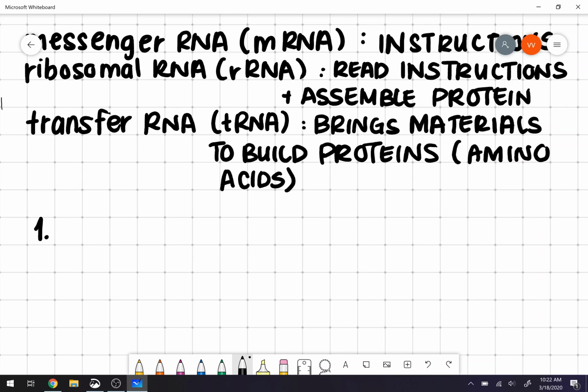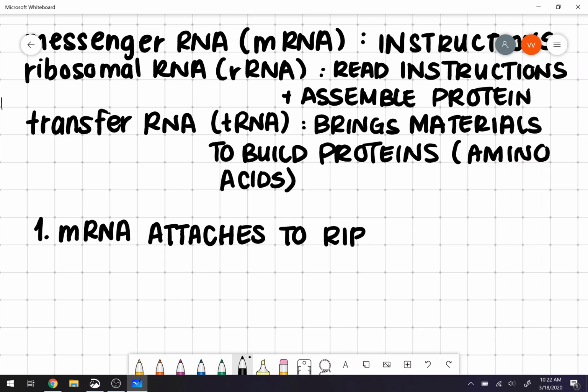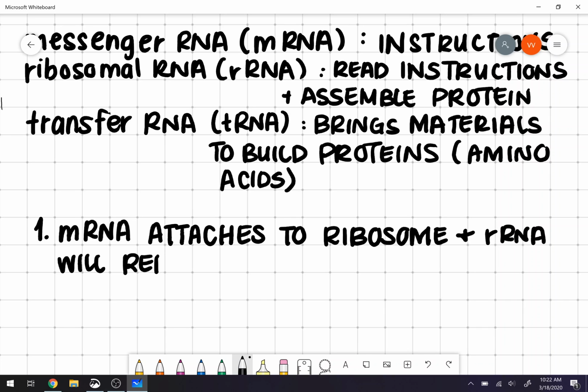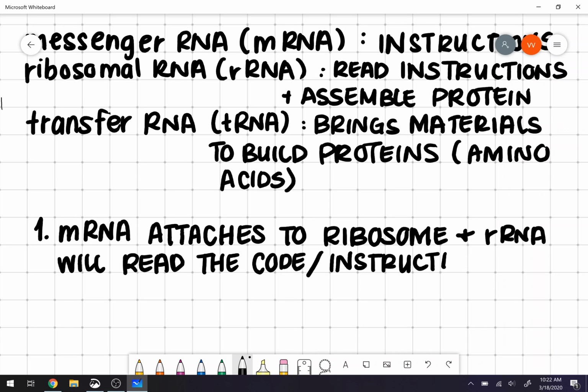Okay, so step 1, messenger RNA is going to attach to a ribosome and your ribosomal RNA will read the code instructions, right? Same difference. On your messenger RNA.